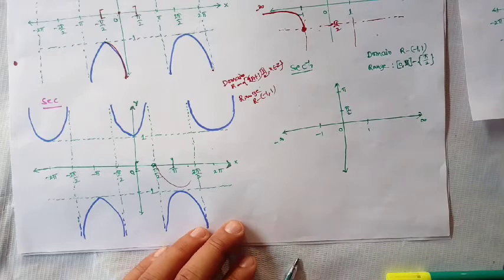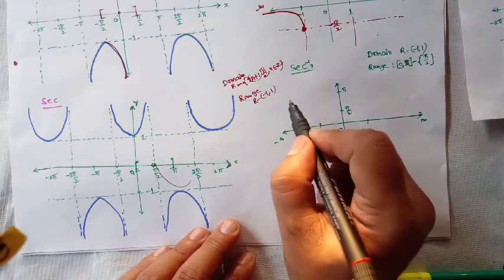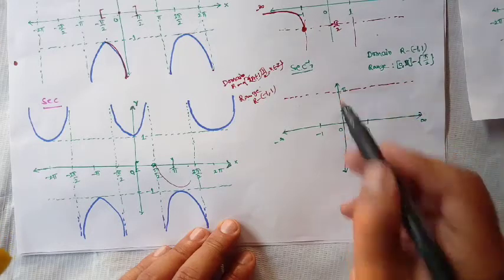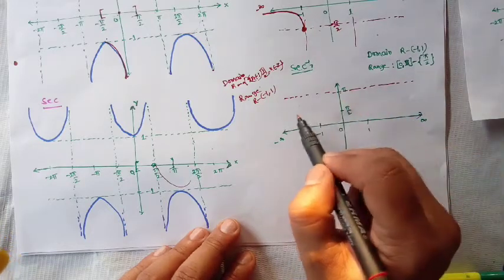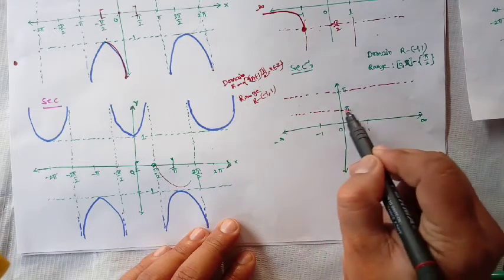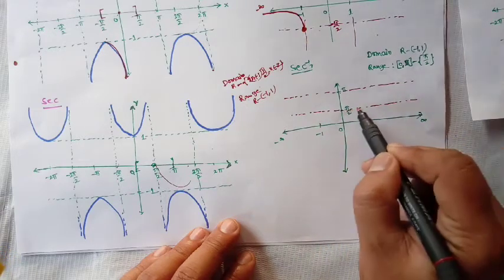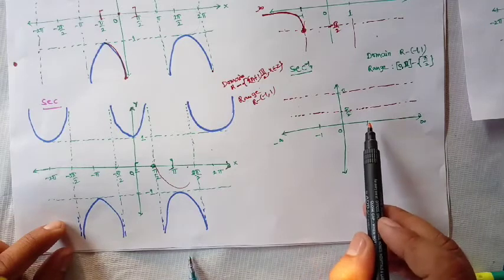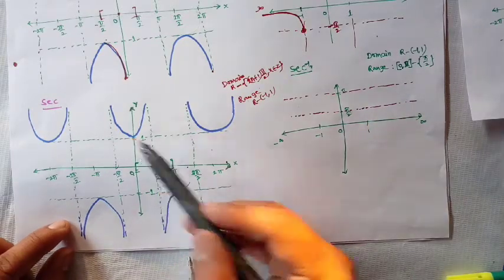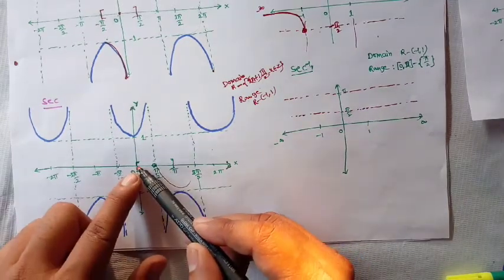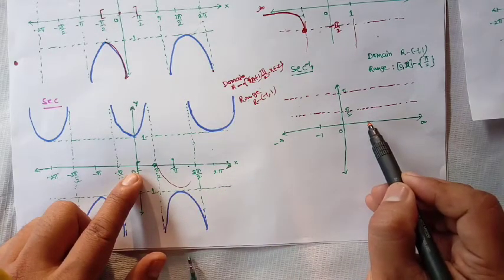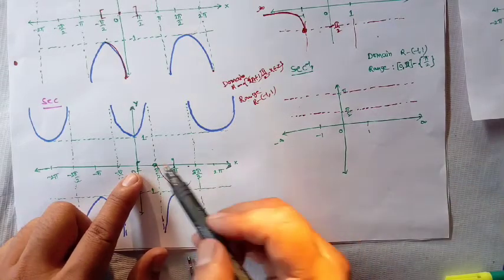Now just draw one line here, so it is 0 to pi we are considering. At the same time, it is not defined at pi by 2, so here also the graph will not come. Now coming to the next, at the value 1, secant 0 is 1, so at 1 it should be taken as 0.